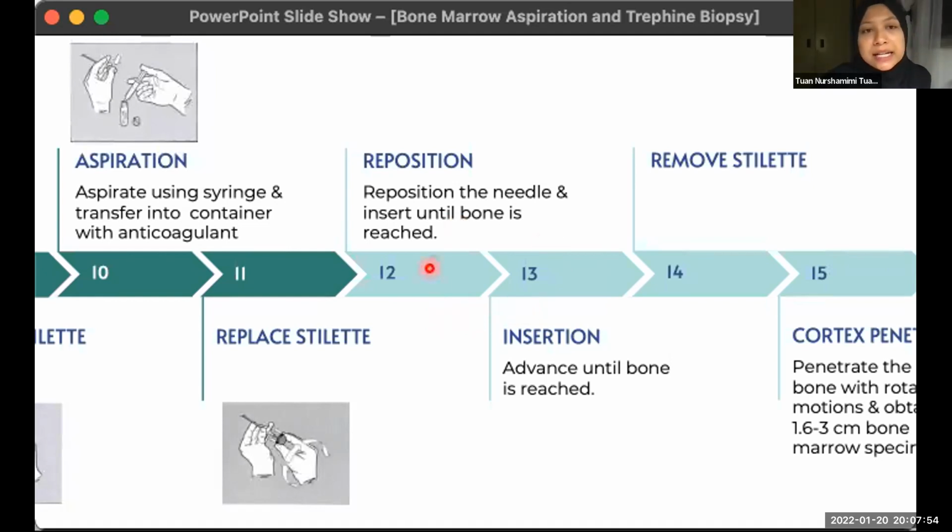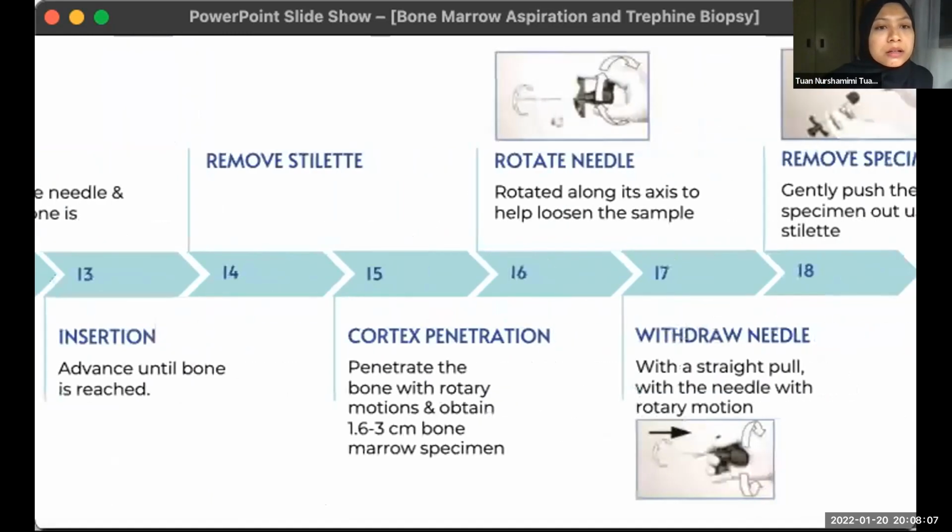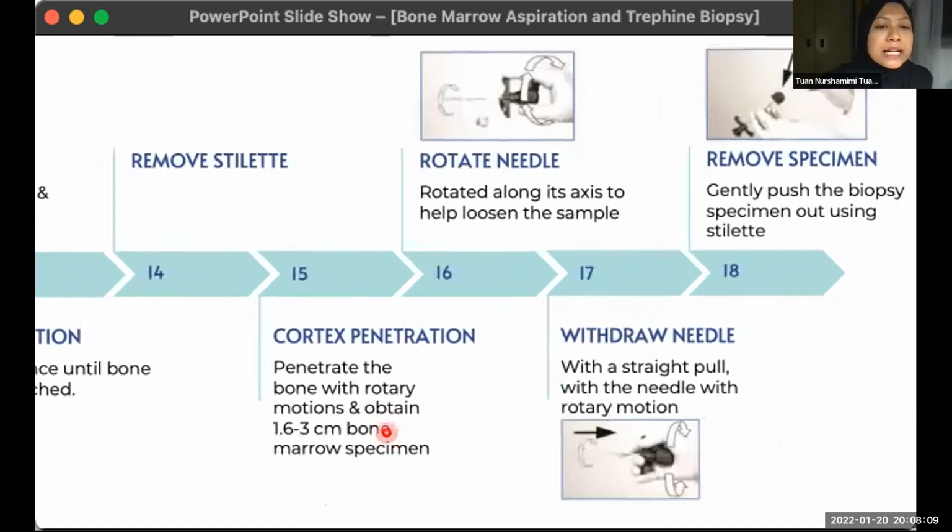The same as earlier, you insert until you feel the bone, and then you remove the stylet first, and then you penetrate the cortex. When you already penetrate the cortex, you go further deeper, around 2 cm, so that the bone marrow will be inside the hollow needle.